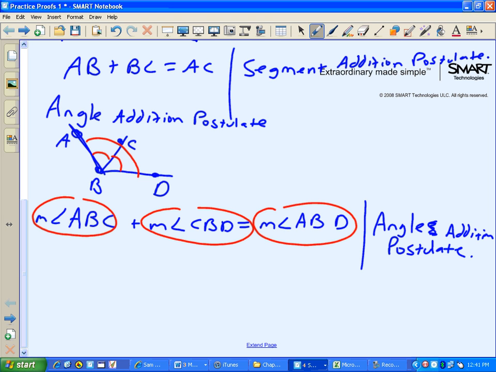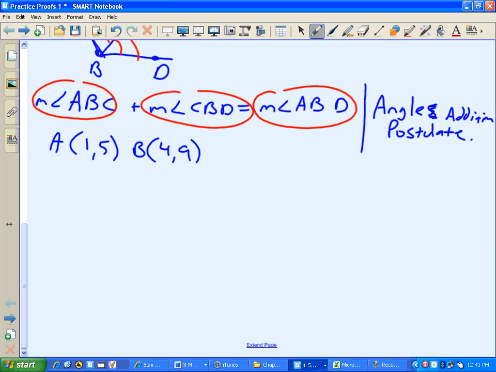What else have we already learned? You can use the distance formula. You can use the midpoint formula. If you need to find the length of something, if they give you 2 points and ask what the length is, you're allowed to use the distance formula and state your reason as distance formula. So if I have the points (1, 5) and (4, 9), I would get my distance formula here.